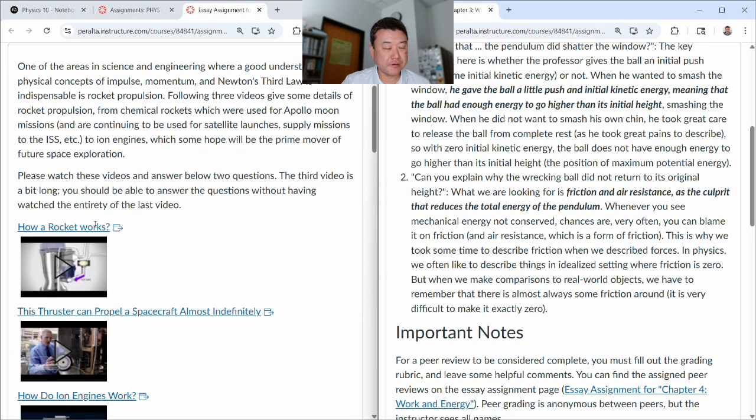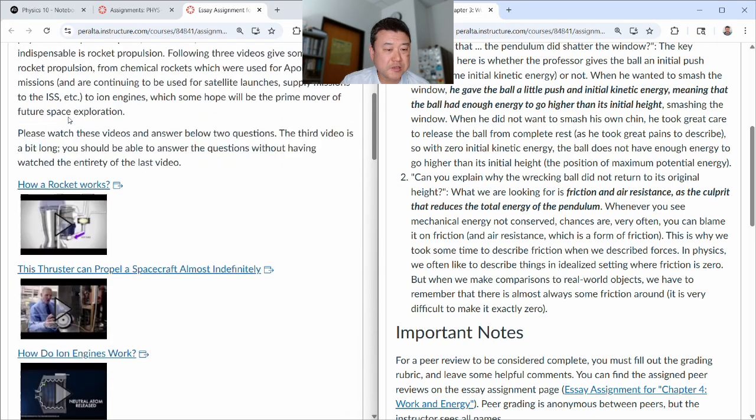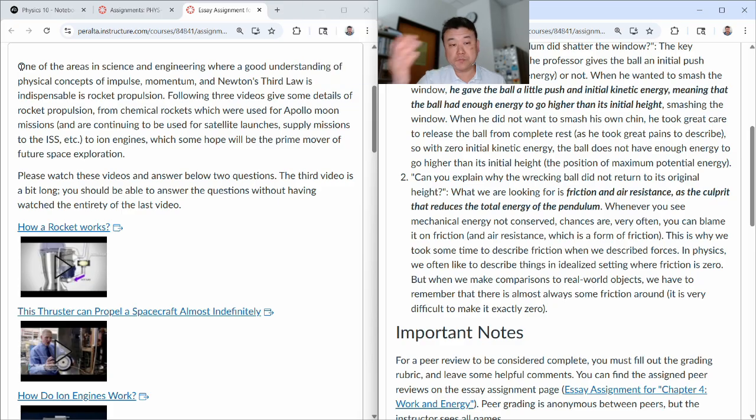Okay, so let me just read this out loud. One of the areas in science and engineering where a good understanding of the physical concepts of impulse, momentum, and Newton's third law is indispensable is rocket propulsion.